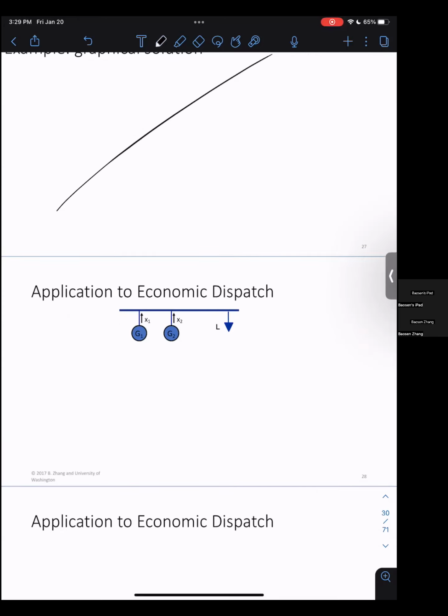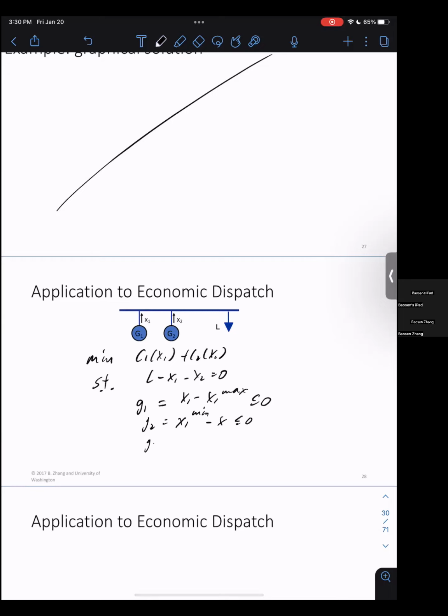For economic dispatch, you can always write the form as x1 minus x2 equal to 0, and then here you have g1, g2, g3, g4. This will grow fairly fast on you.